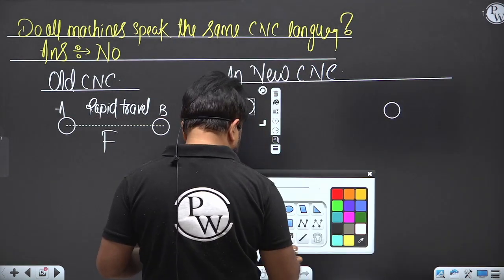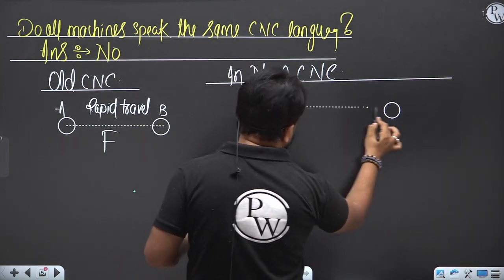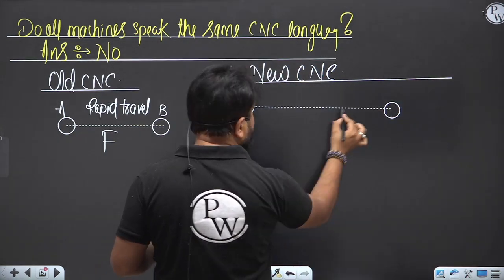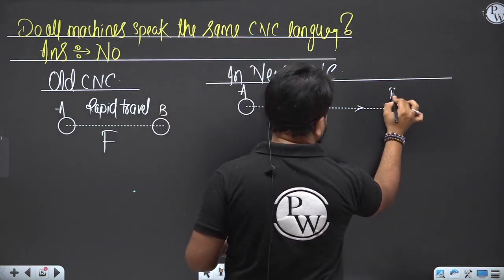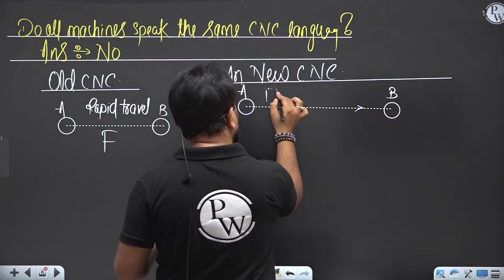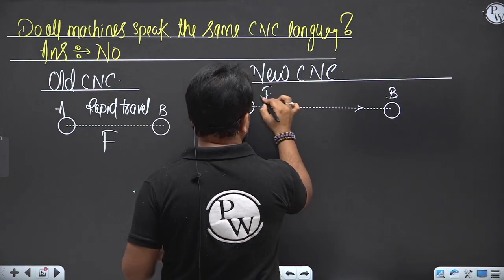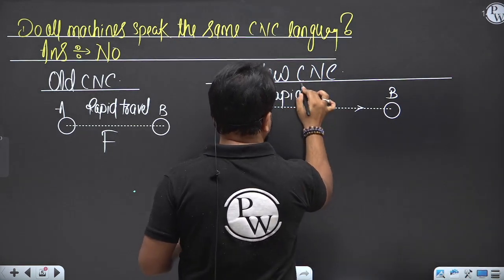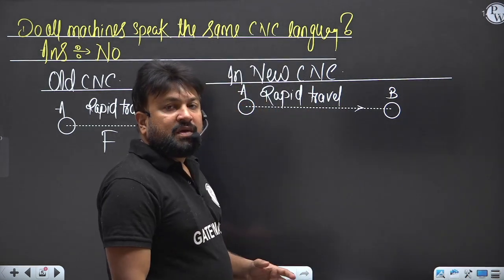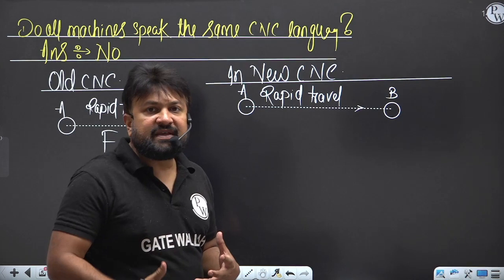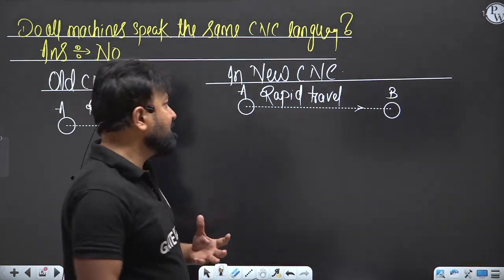Here you can see it is moving from point A to point B. Again it is a rapid travel. So now we are introducing a new user-friendly command. What is that?